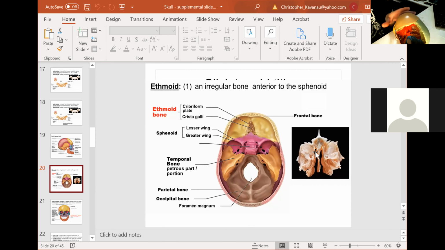When we look inside our model here, I put my pointer on it, right back there, in here, that's the ethmoid bone. Thinking of installing some little battery operated lights in here.